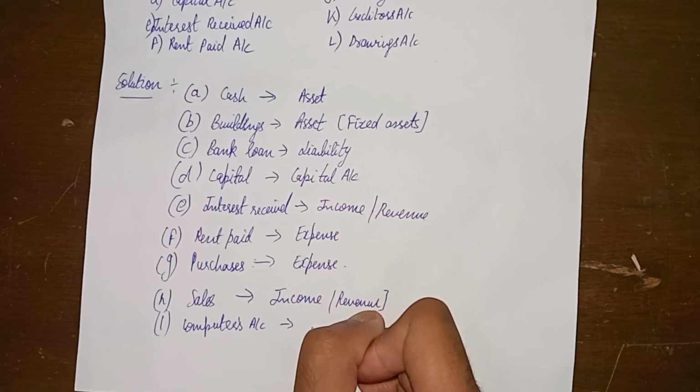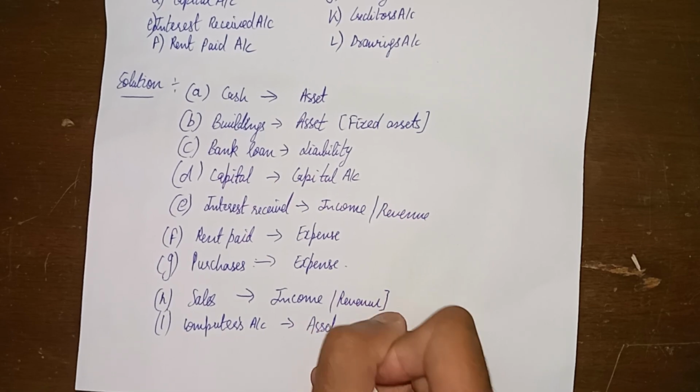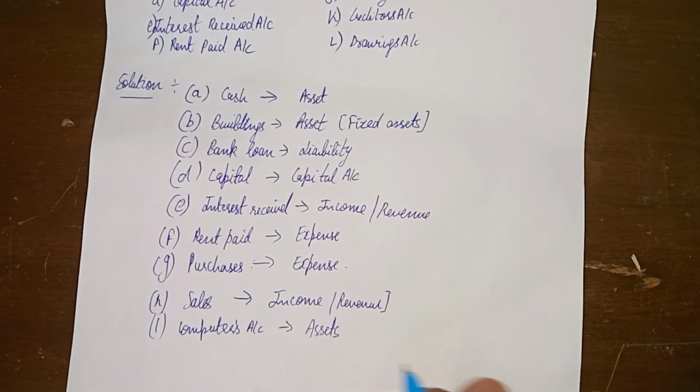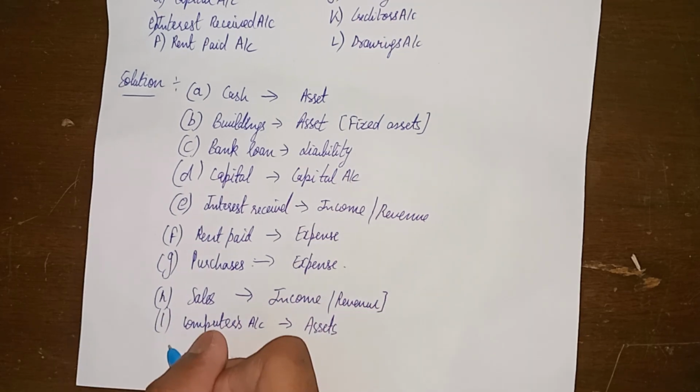Computer account is an asset. You use computers to earn profit, therefore it is an asset. It is immovable and you can use it. It is a tangible thing.